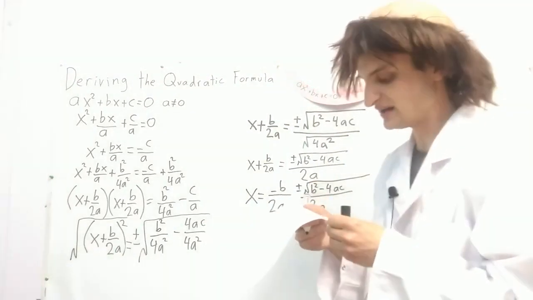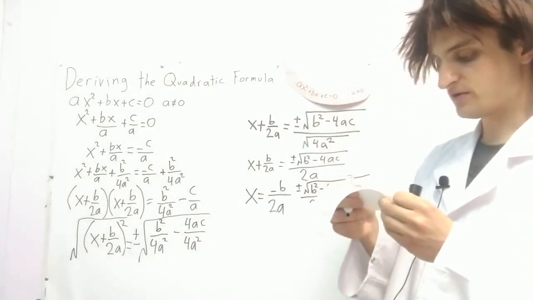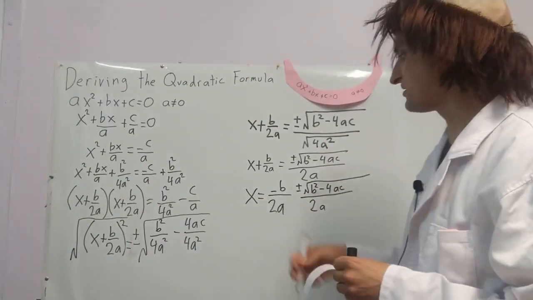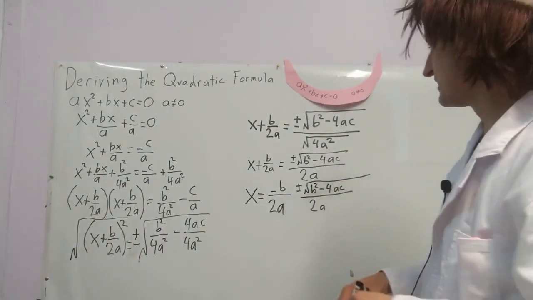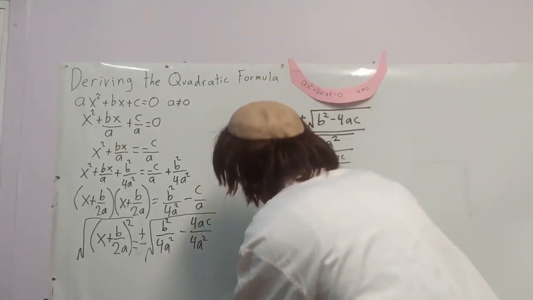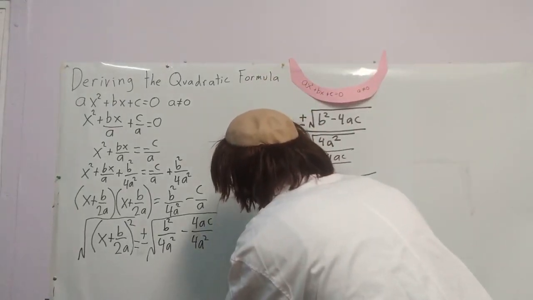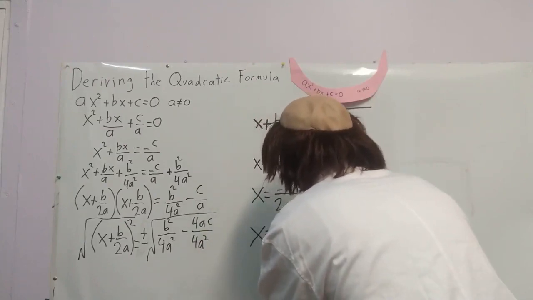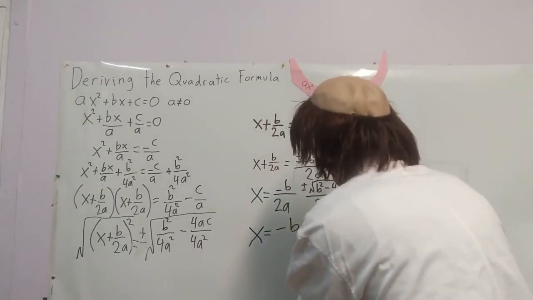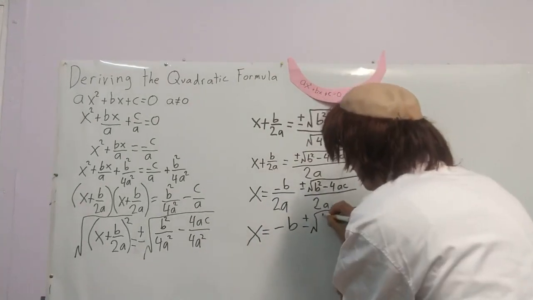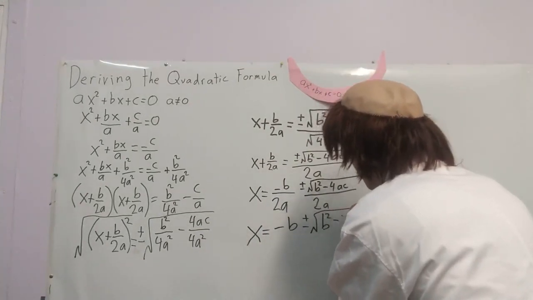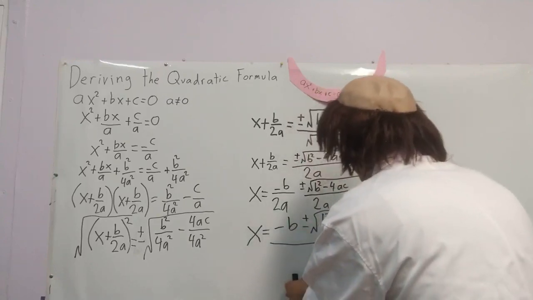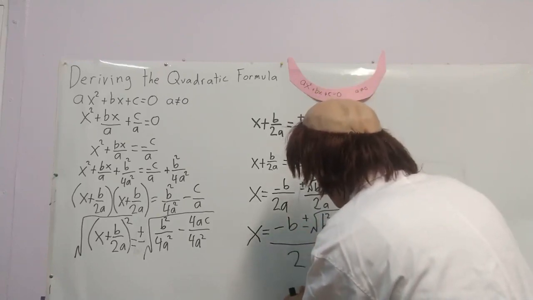Number 13, combine the right side into one fraction. They already have a common denominator. Let's rewrite this. x equals negative b plus or minus the square root of b squared minus 4ac all over 2a.